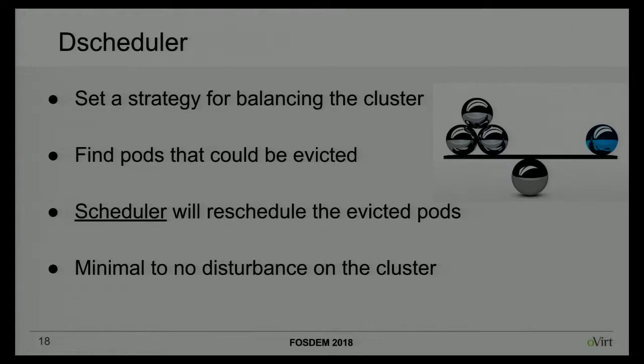It can be high utilization, low utilization, or power saving, maybe in the future. Having set that policy, it looks for a trigger, a state in which it can enable load balancing in the system. Meaning, I got to a certain state, and now I can take down one pod, kill it, and let the scheduler reschedule it.